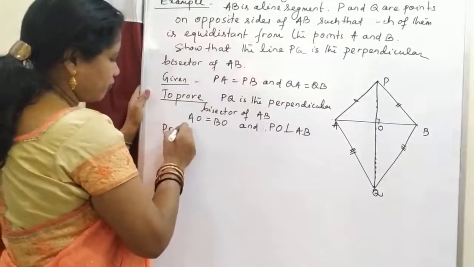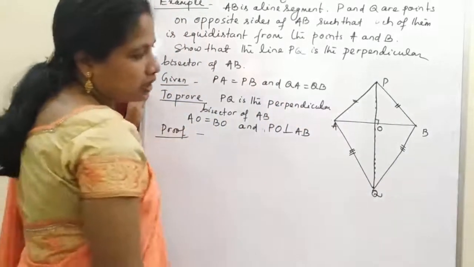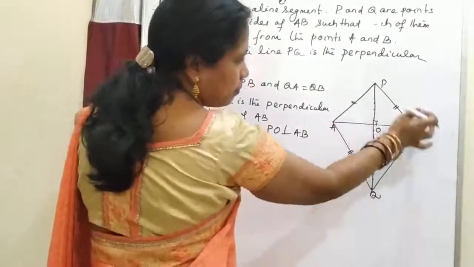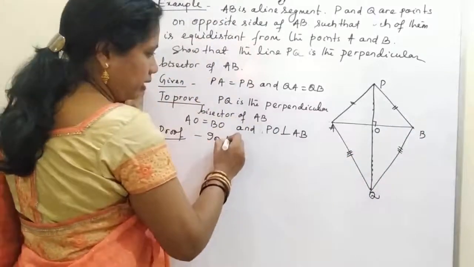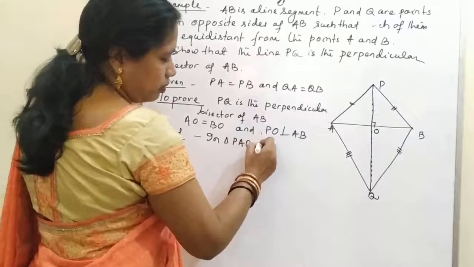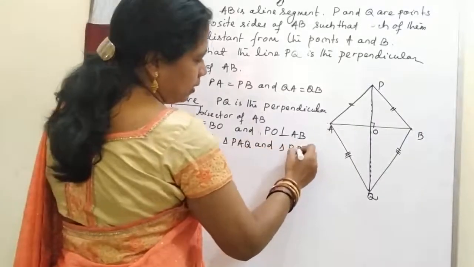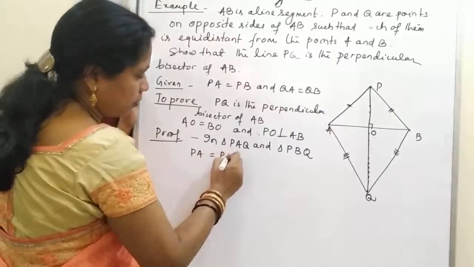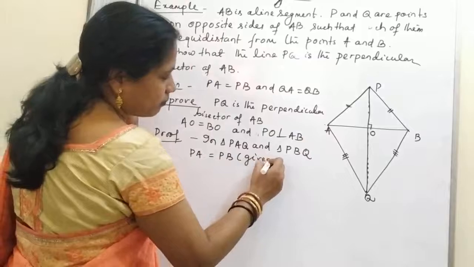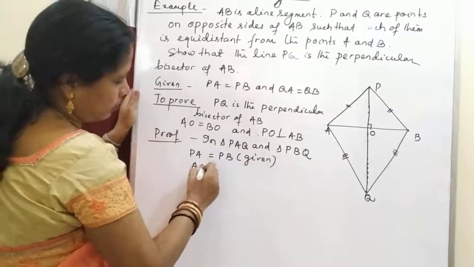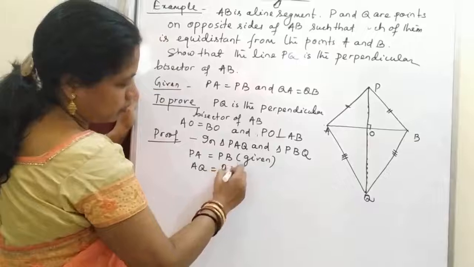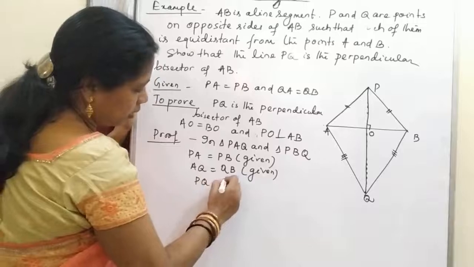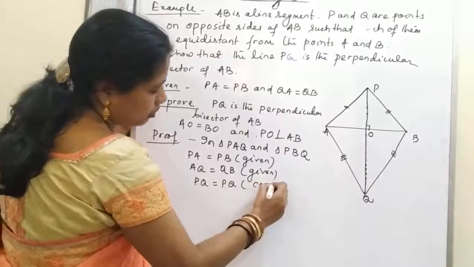Then the proof. To prove this, first we have to show the two triangles are congruent. In triangle PAQ and triangle PBQ, what are the equal parts? PA is equal to PB, this is given. And AQ is equal to QB, this is also given. And PQ is equal to PQ, this is common.